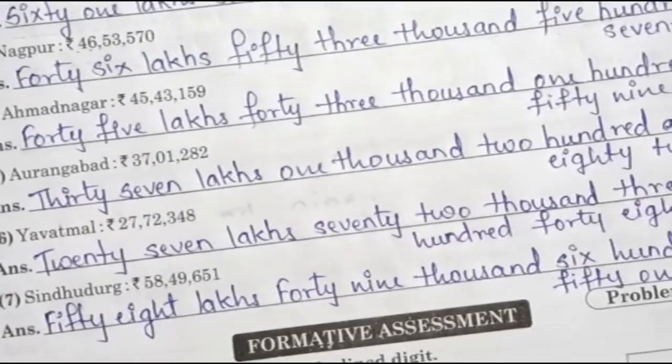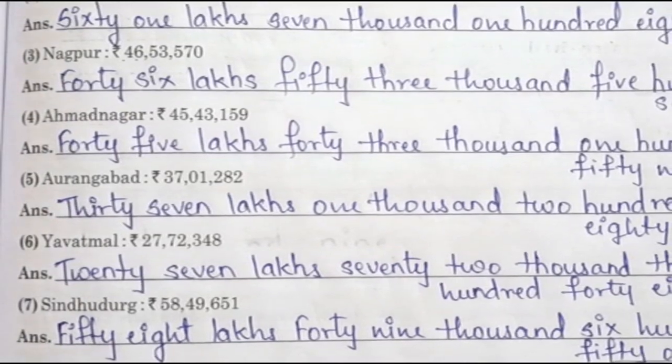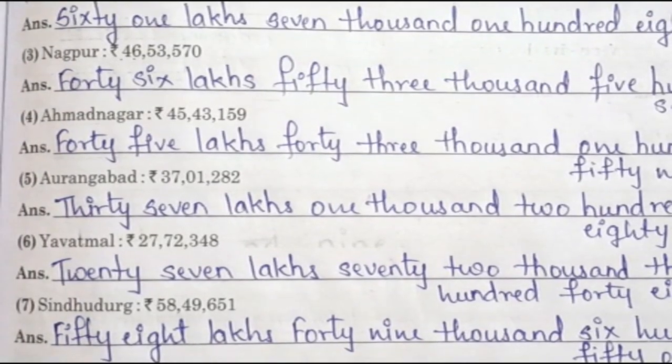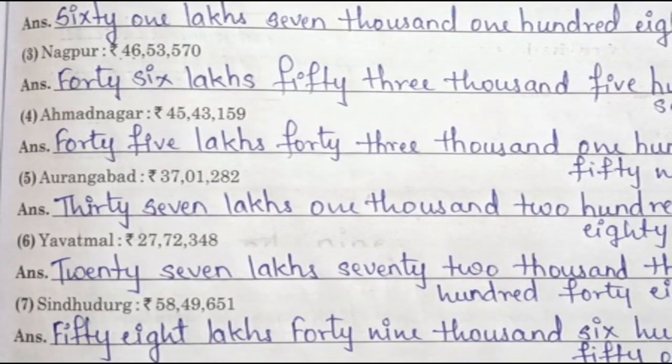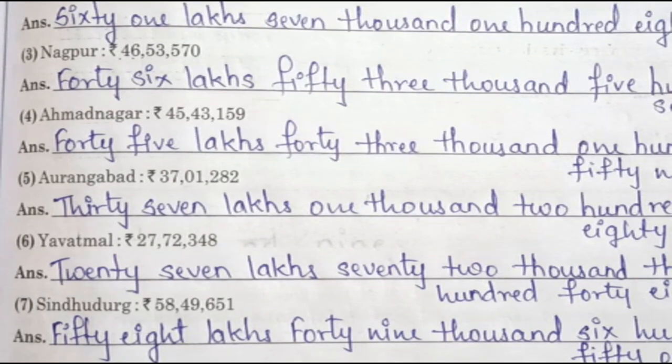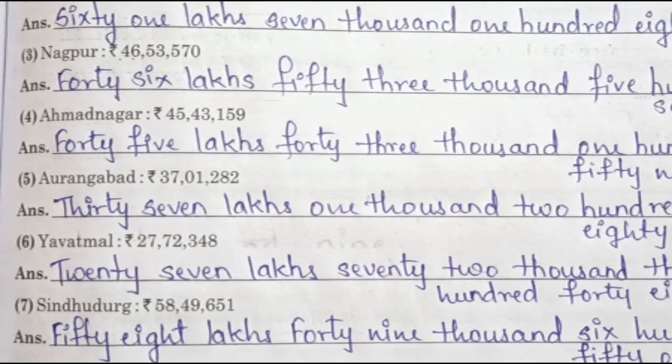Clear, students? How you are supposed to write them in words. So in this way, students, you are supposed to complete this practice set in your combined book as well as in your maths notebooks.